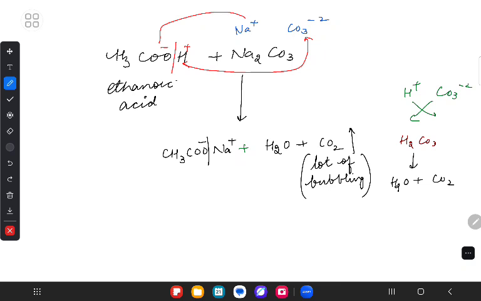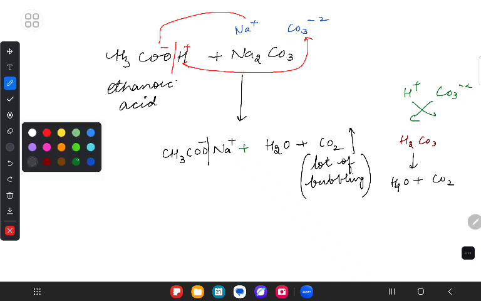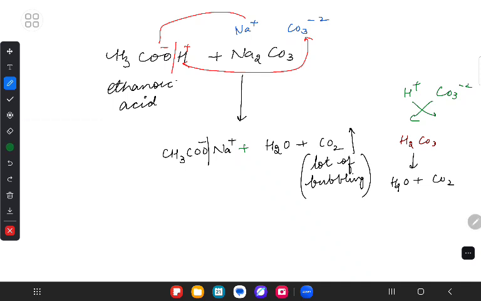Got it? So that's another reaction. So that's how it works.